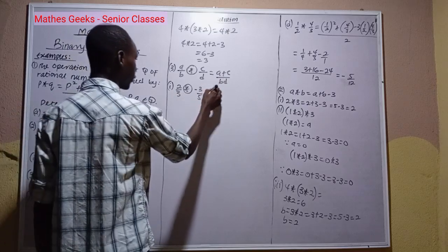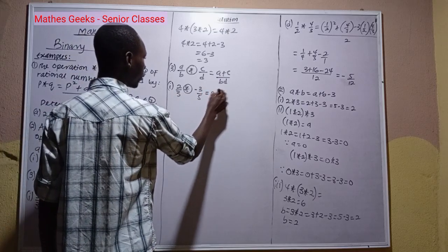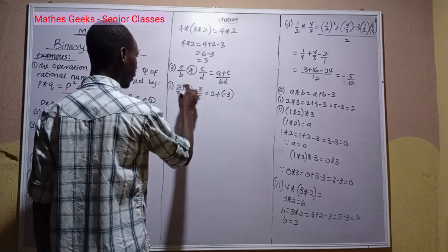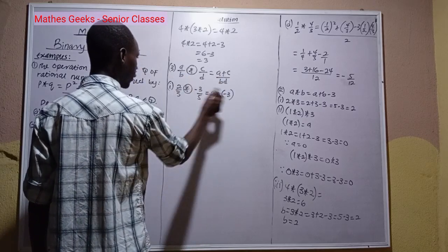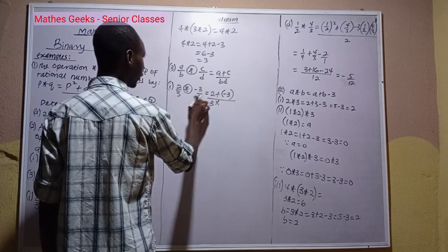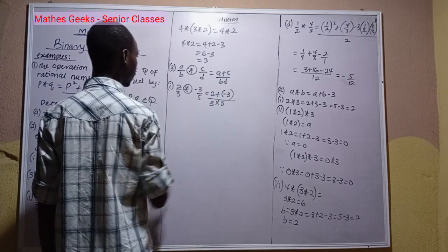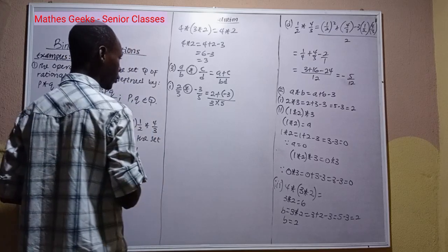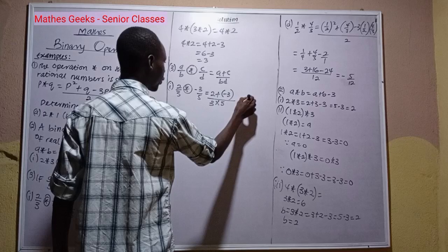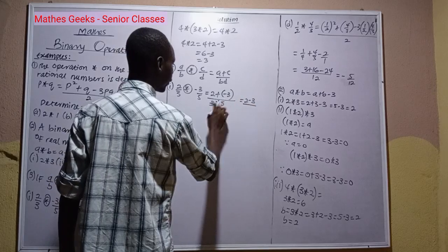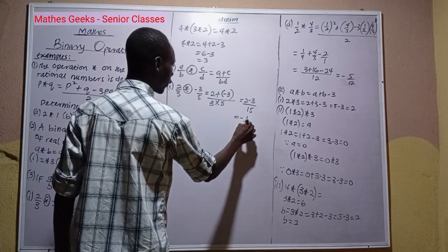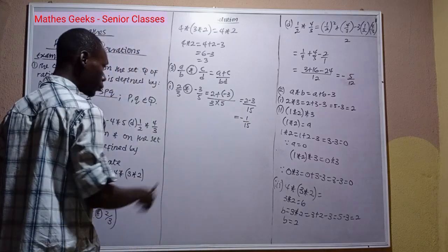So A plus C is 2 plus minus 3, and then B times D, which is 3 times 5. Okay, so this will give us 2 minus 3 over 3 times 5, 3 times 5 is 15, and this is minus 1 over 15.